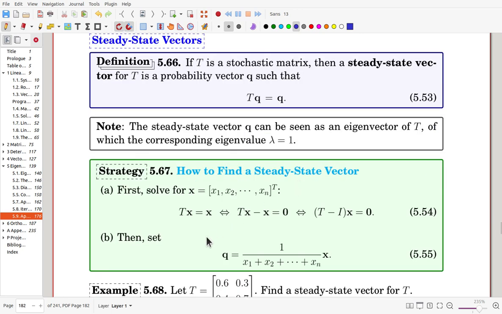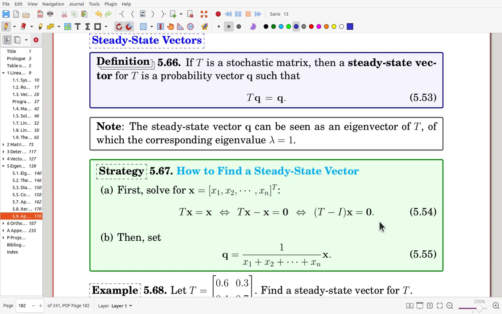Now the question is how to find a steady-state vector. First, we may solve the equation Tx equals x. That is the same as (T minus identity)x equals 0.